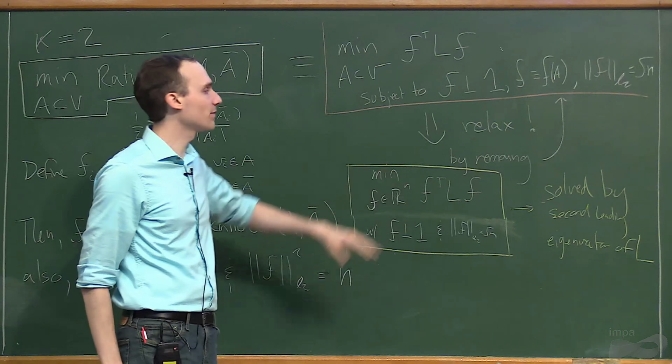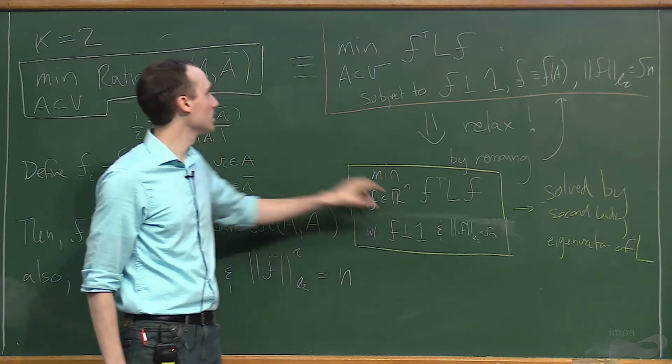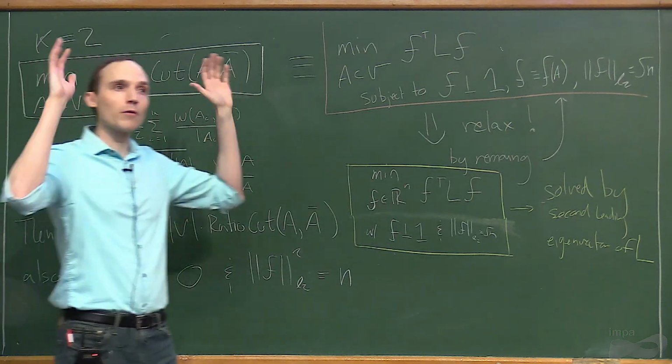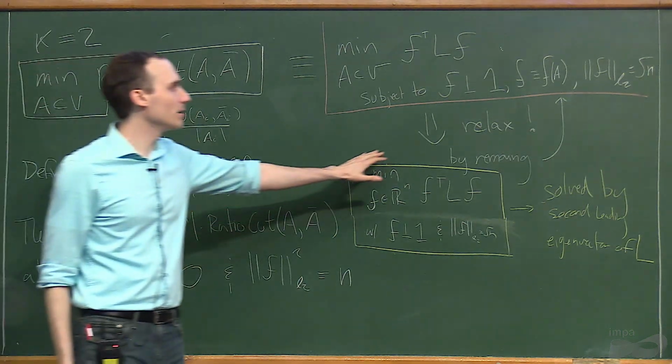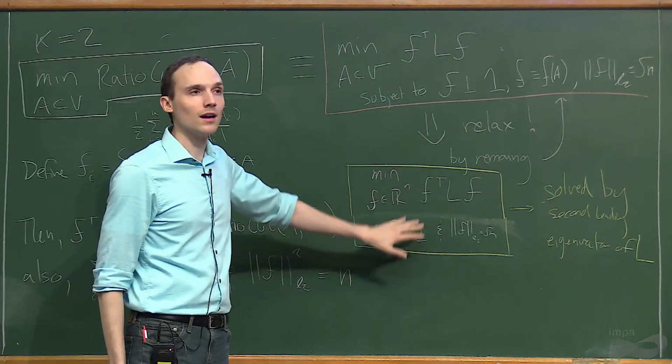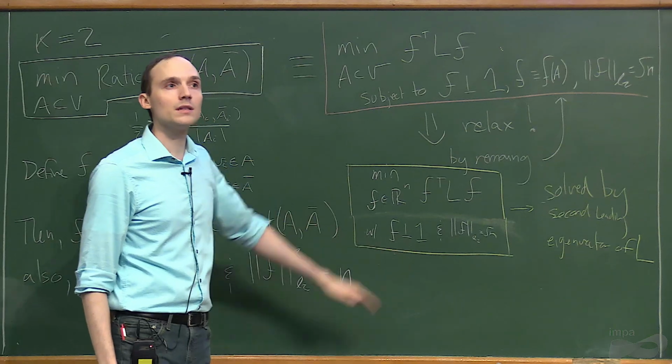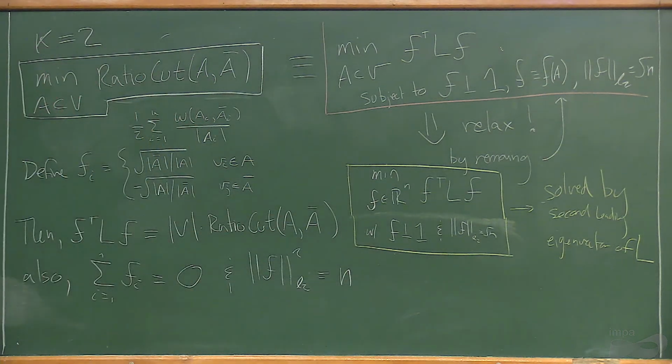And we're not quantifying how close this solution is to the original solution because we're sort of throwing our hands up and saying, well, we can't really hope to solve the original problem, but hey, here's a relaxation that seems reasonable and still leads to some useful approach for clustering. All right.